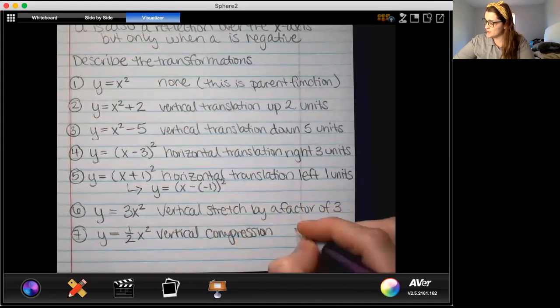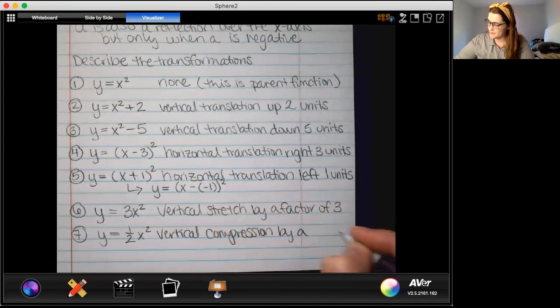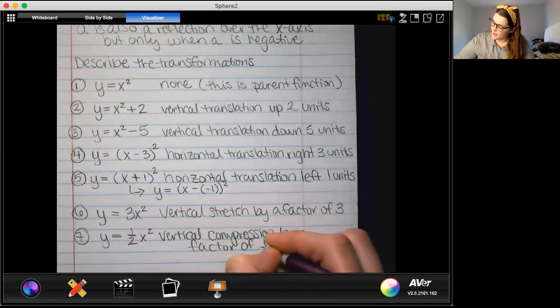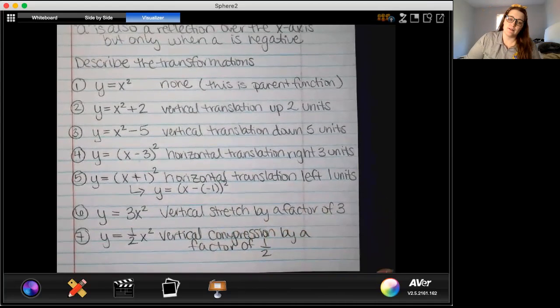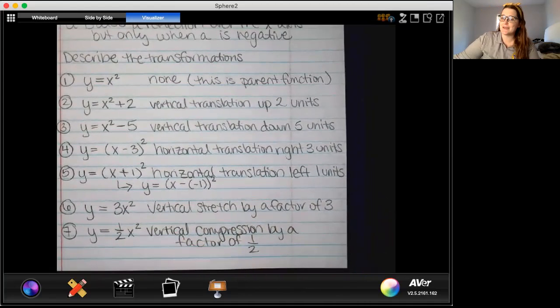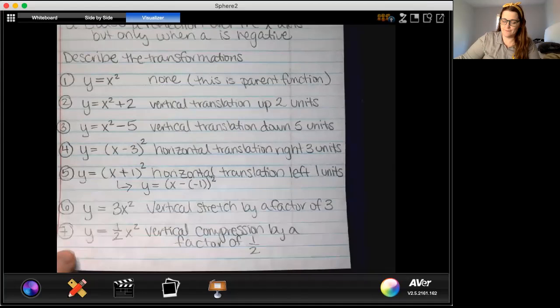So vertical compression by a factor of 1/2. And again, if you don't write exactly like these statements on the homework, that would be wrong. So if you just said compression of 1/2, which is normally what students will go for, doesn't count fully, I guess I should say. Okay.